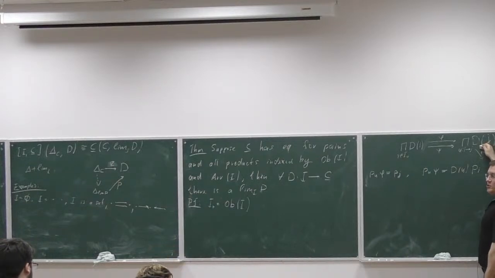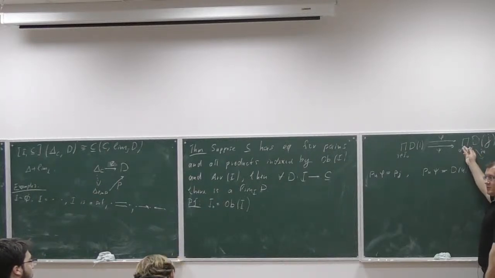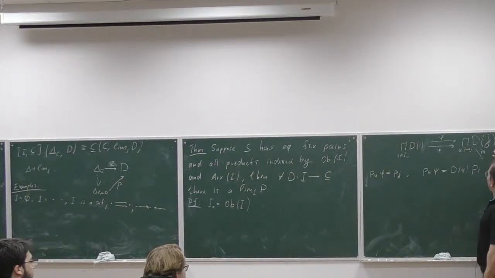If I write d of u, this will be a map. And I want an object in the category because I want to know how to compute products of objects in the category. No, everything that I've written here is correct. I have a map u from i to j, and here I put d of j, the target of the map u.